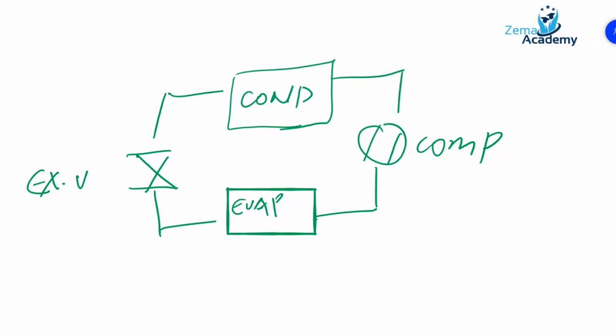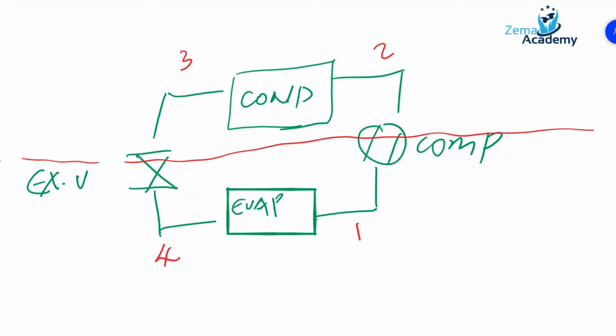You may also refer to them as four stages. If I divide the system in half like this, I'll number the points 1, 2, 3, and 4, so we'll know the different points across the circuit.